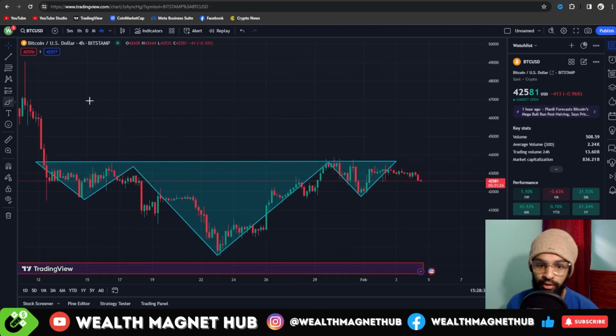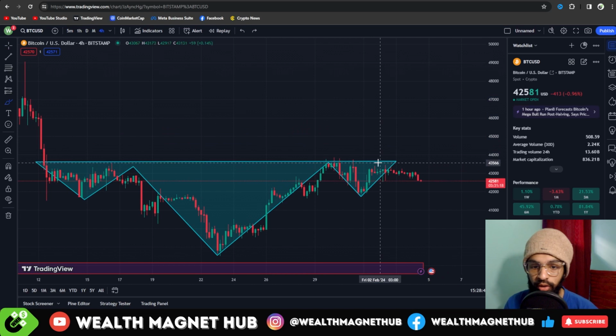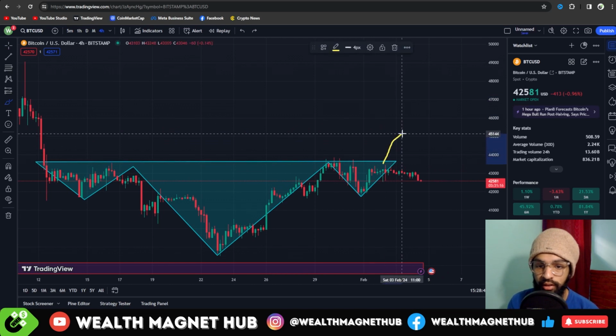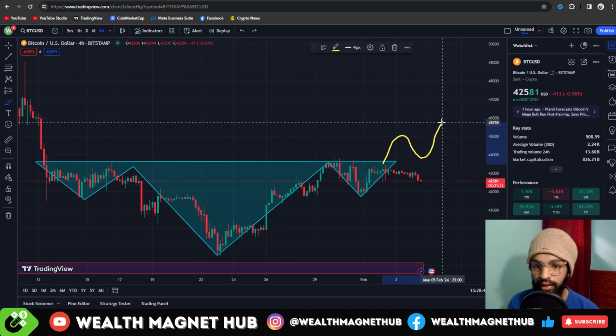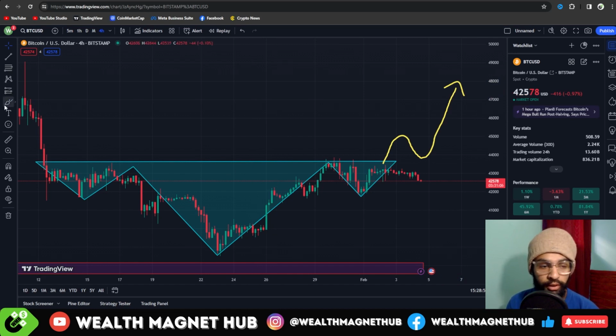You might be noticing that we were supposed to see a breakout like this. No, let me just redraw that. Just a breakout like this, and then we were supposed to retest at the neckline once again and then head back in the bullish direction. So this was our initial direction that we were supposed to head to.